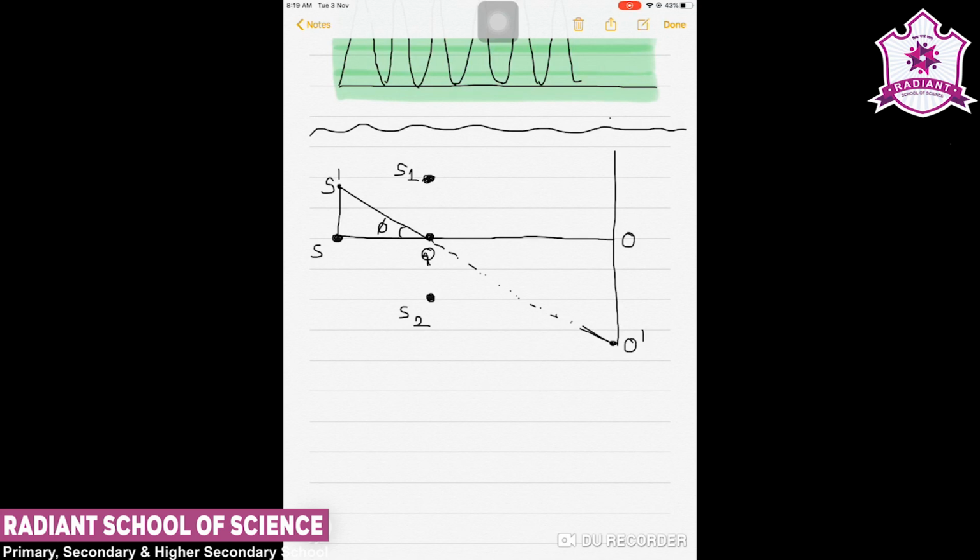So it is shifted by the same angle on the other side of the bisector. This also means that the source S dash, the midpoint Q, and point O dash on the central fringe are in a straight line. So S dash, Q and O dash are all on the same line. This is also one of the observations we can show here.